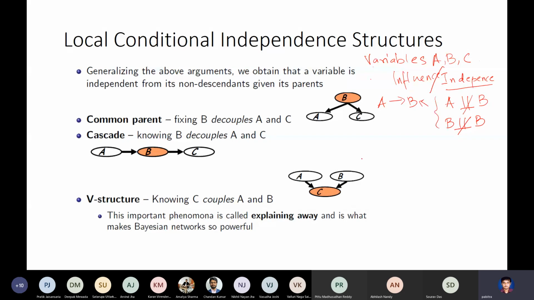What about this? What about the independence structure? This is sometimes called a causal flow.